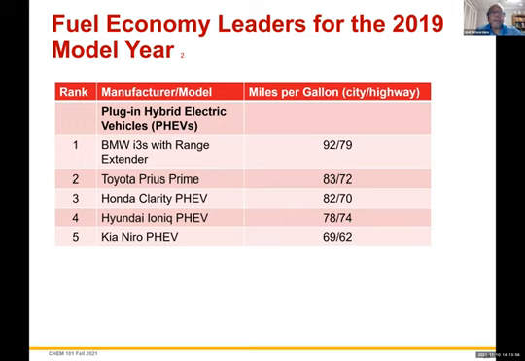So plug-in is still using some gasoline. We have hybrid vehicles, electrical vehicles, plug-in electrical vehicle. There's a combination of both in the last one, plug-in hybrid electrical vehicles.